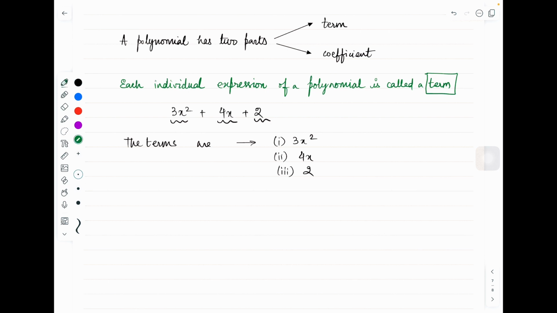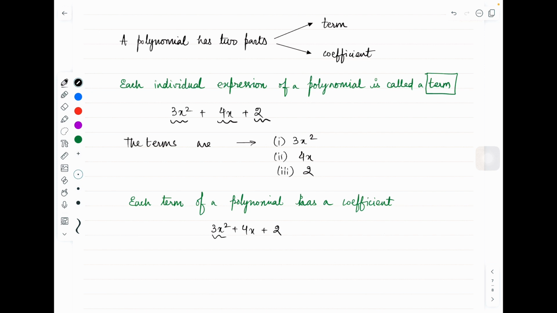Now each term of a polynomial has a coefficient. Each term of a polynomial has a what? Coefficient. Example, see 3x square plus 4x plus 2.